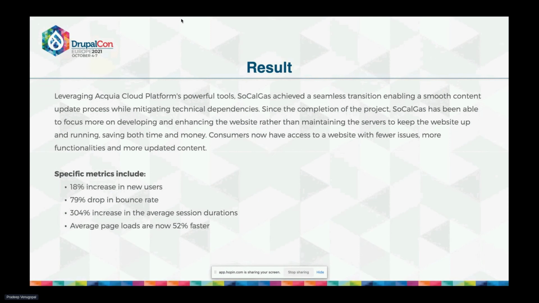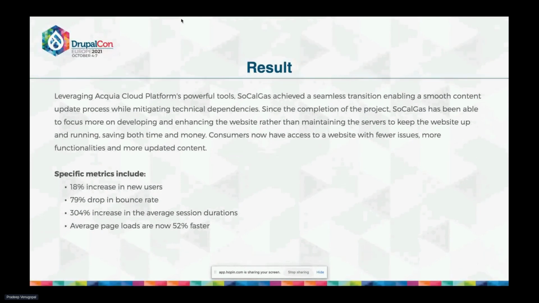But internally, there were a few benefits that the SoCalGas team also got, because we were on a cloud system. The main pain point of them spending their time to maintain the server and all those things was moved out.